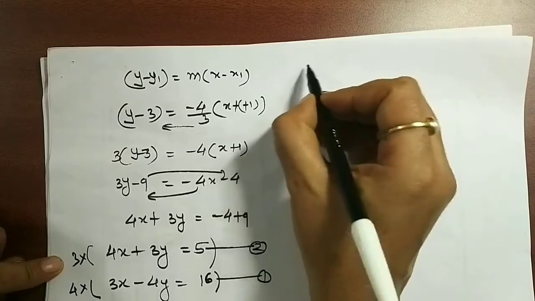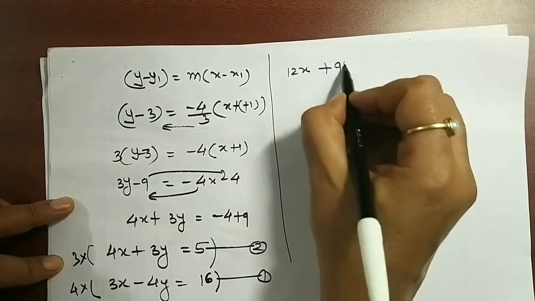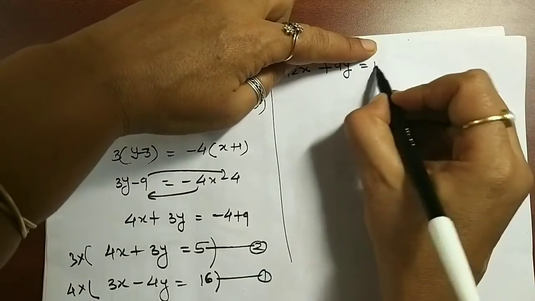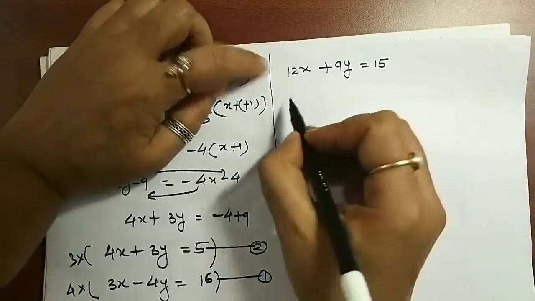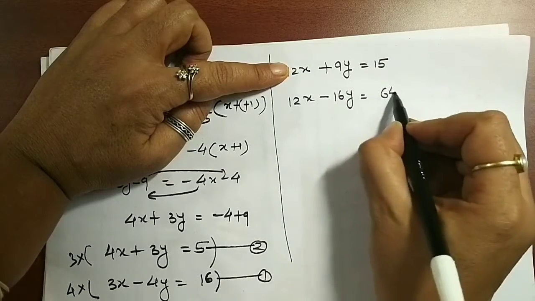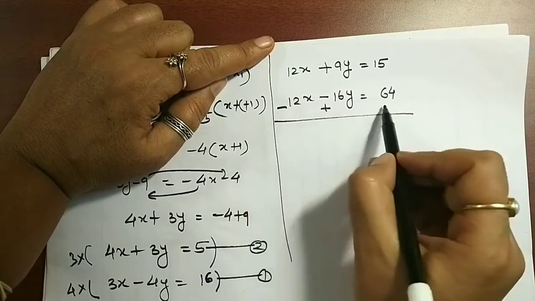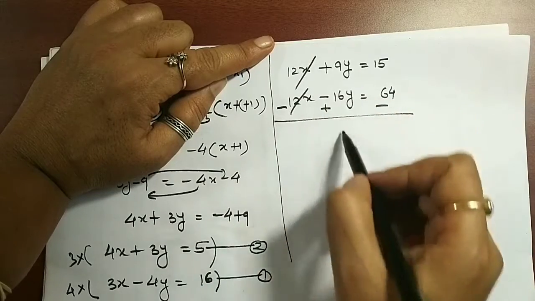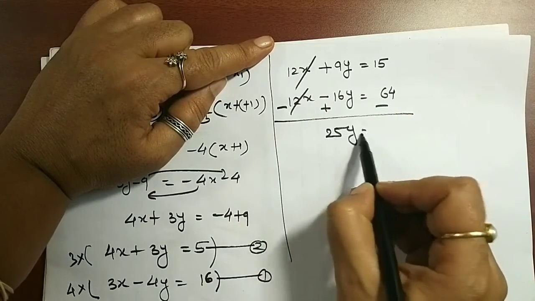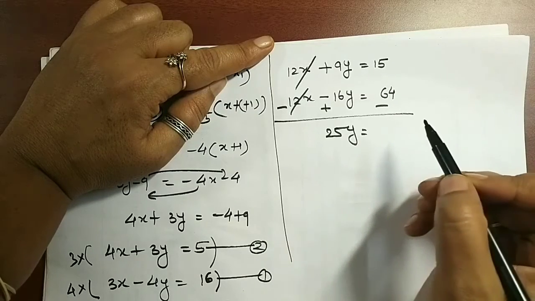So I will get 12x plus 9y is 15, and this I will get 12x minus 16y is 64. Now I'm ready to subtract. Minus plus minus, this will cancel. So this will be 25y is equal to, this will be what?